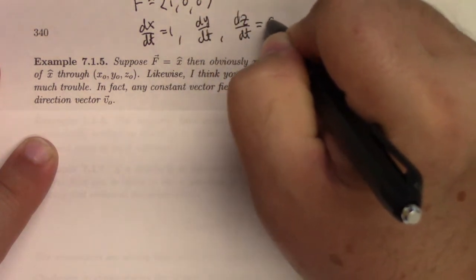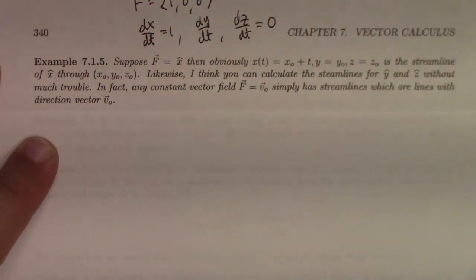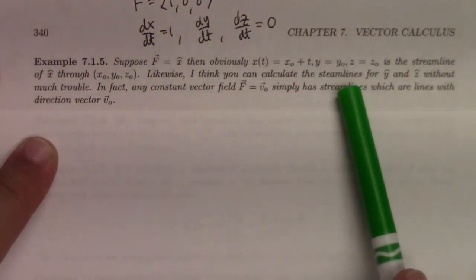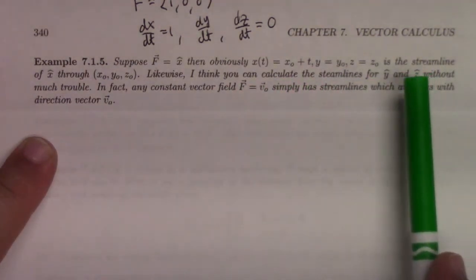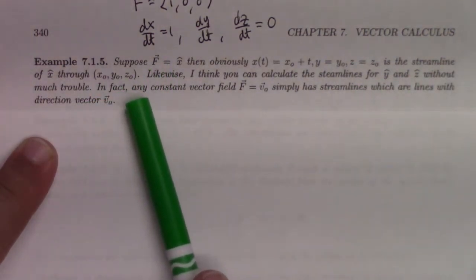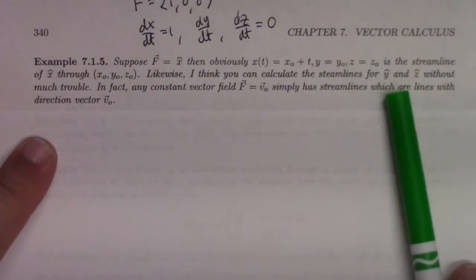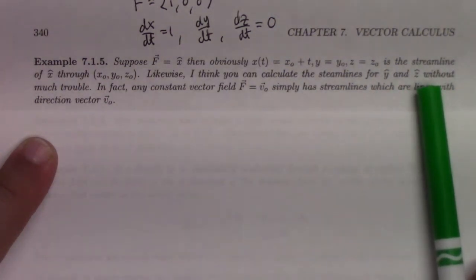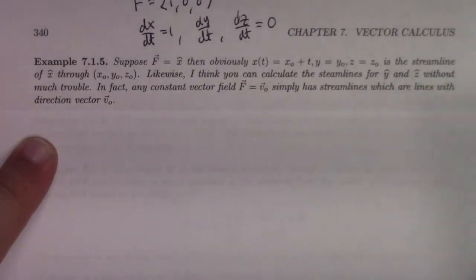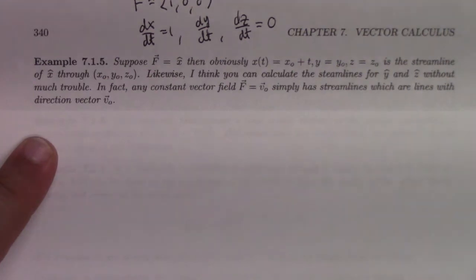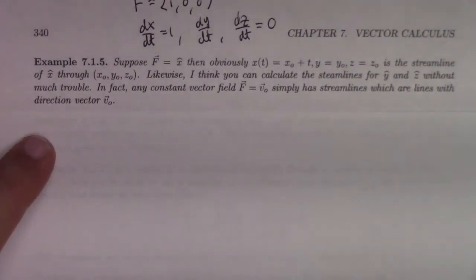Can I solve these 3 differential equations simultaneously? Yes, I can. And the solutions are x of t is x naught plus t, y is constant, and z is constant. That's the streamline of the vector field through (x naught, y naught, z naught). And you can easily calculate the streamlines for y hat and z hat the same, right? They're just going to be a line with direction vector x hat, y hat, and z hat respectively. In fact, generally speaking, any constant vector field has streamlines which are lines with the direction vector v naught.